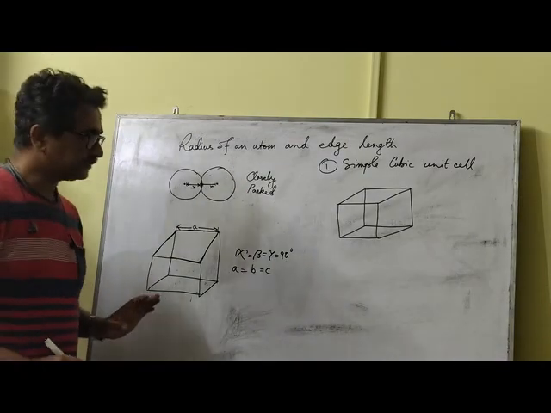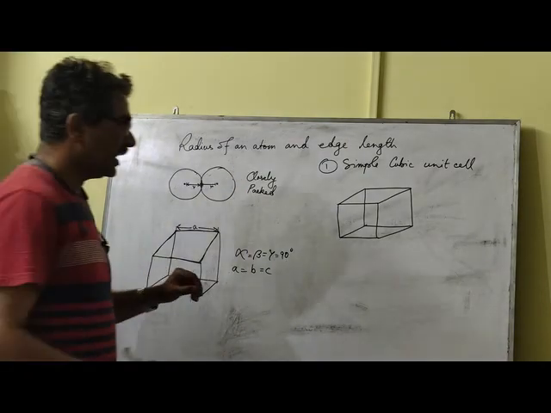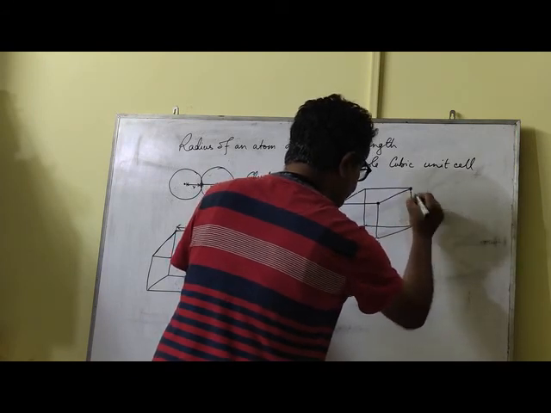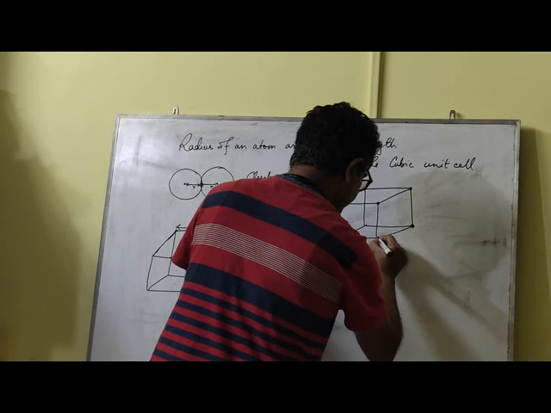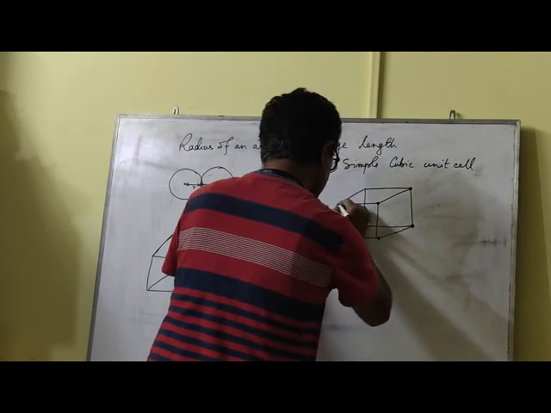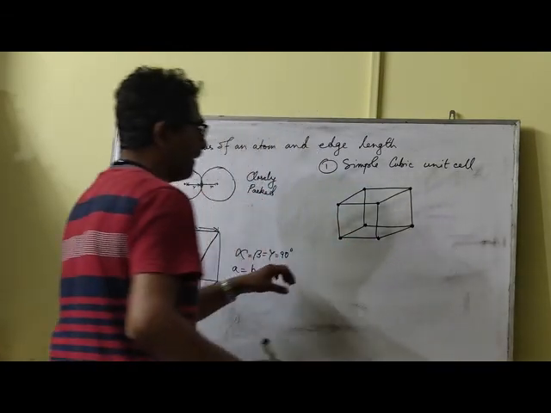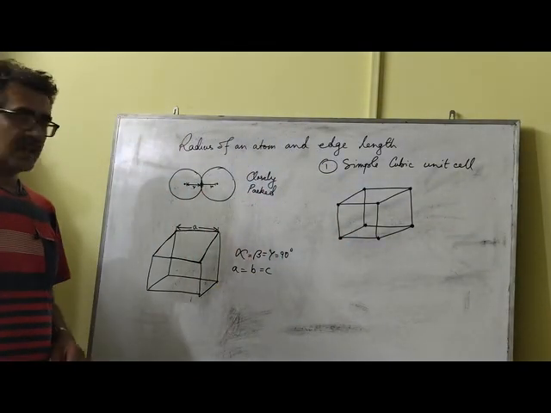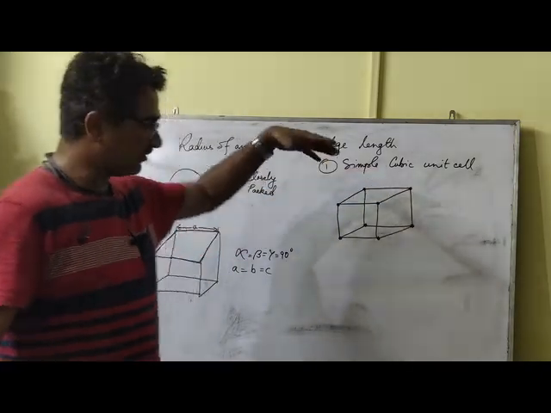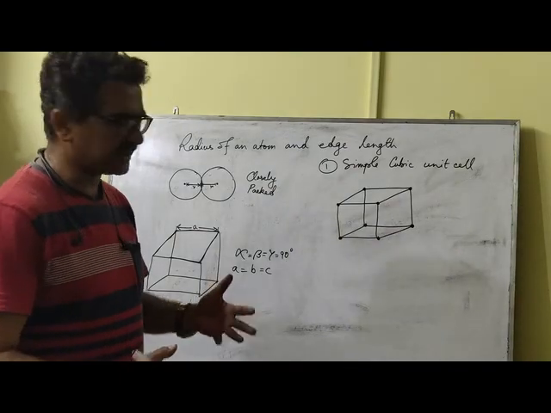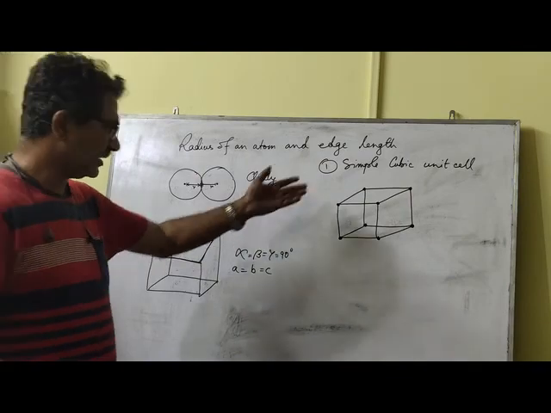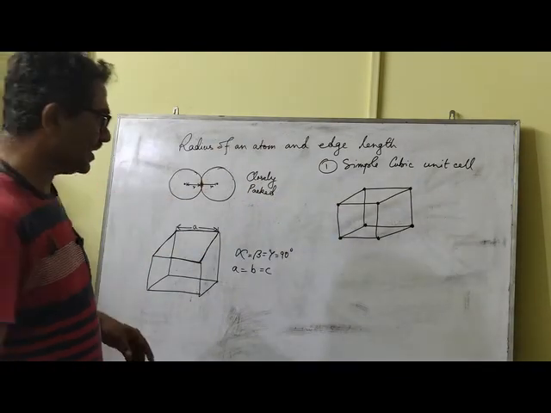So we are taking a simple cubic unit cell, and here at the corners we have the atoms. Each of these dots represents the nucleus of an atom, say. For simplicity, we'll take only the top face of this particular cube. You can take any of the faces, it doesn't matter. Here it is easier to explain, that is why I'm taking the top face.